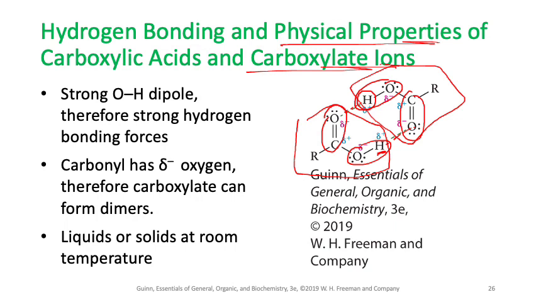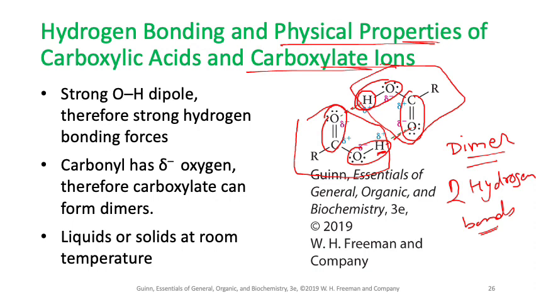So remember this: a carboxylic acid can form a dimer, meaning two molecules can form two hydrogen bonds, and because of the formation of two hydrogen bonds between the two molecules, it has the highest boiling point, because none of the other functional groups can make two hydrogen bonds when they interact with each other. Let's talk about the alcohol.